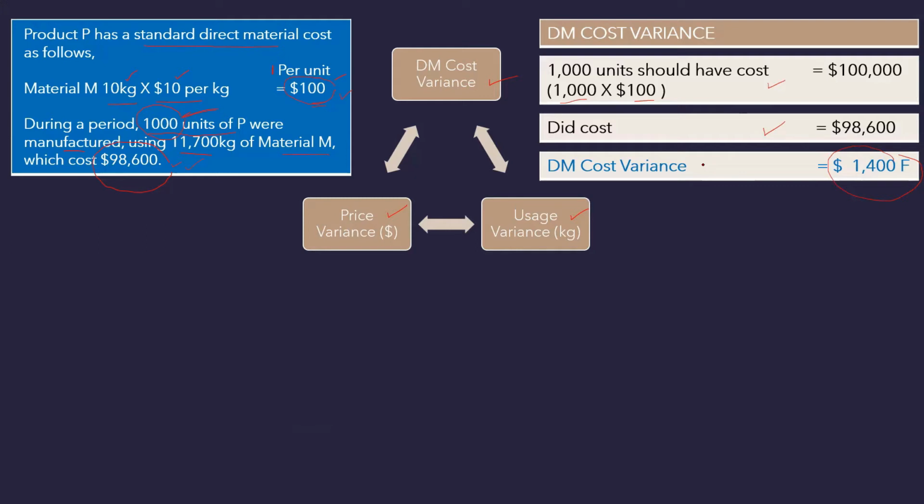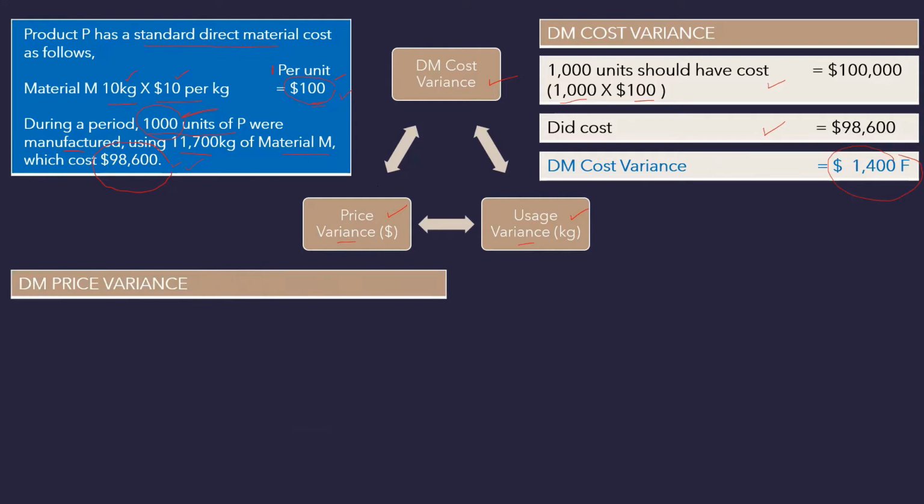Now, the total variance consists of two components. One is the price, and the other one is the usage. The direct material price variance, what does it mean? Here the direct material price variance, we need to calculate on the actual usage of material.